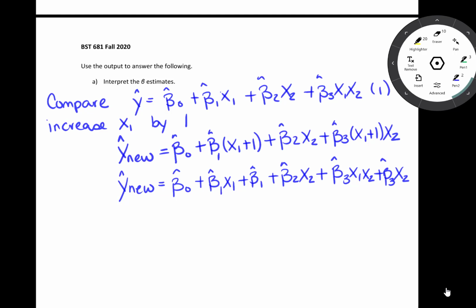All right. So the next thing I'm going to do is notice we've got this beta hat 1 and this minus beta hat 3 X2. So I'm going to subtract that from both sides. So now I've got y hat new minus beta hat 1 minus beta hat 3 X2, and notice this is equal to the following.